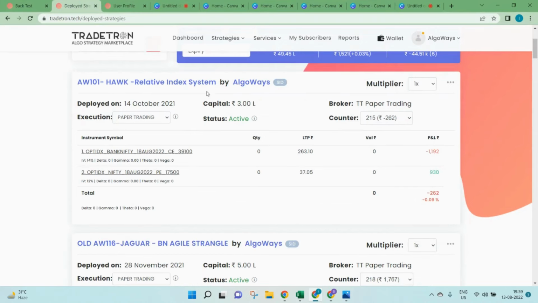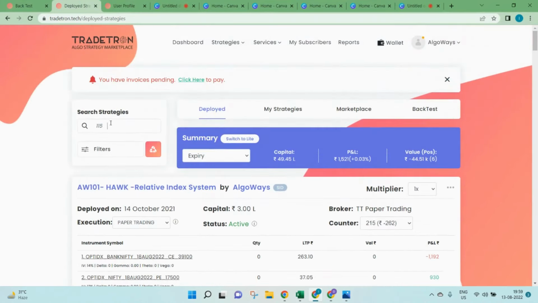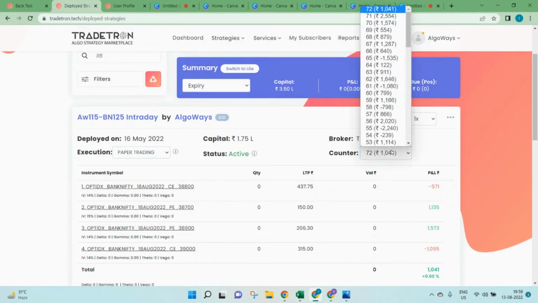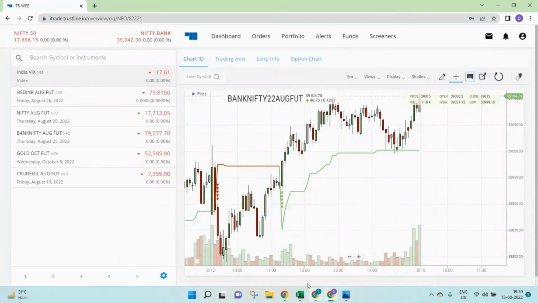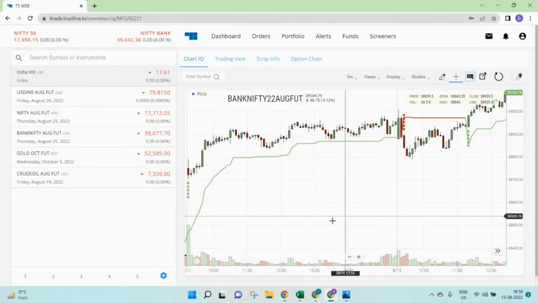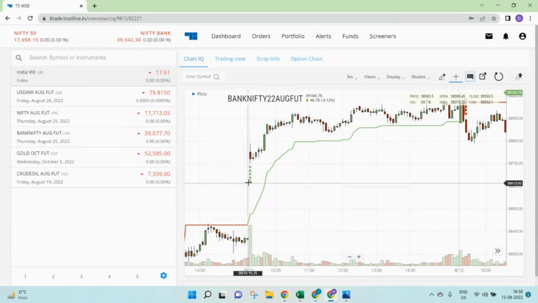So if you see here, let me show again. On the day before yesterday, let me go on the chart also. We got a gap up opening, and on the first candle itself we had a reversal of trend on super trend.